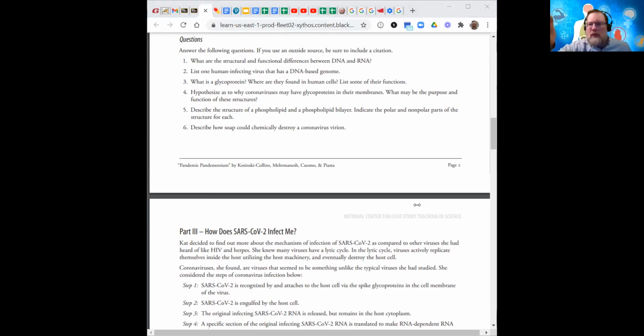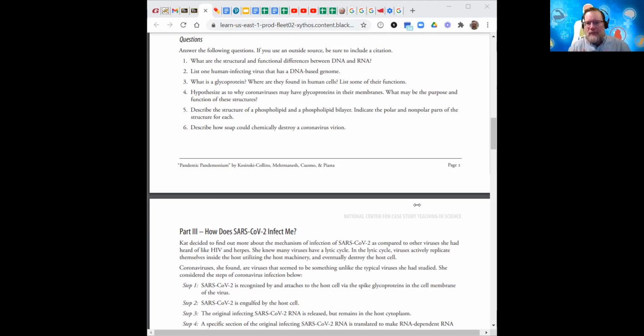Phospholipid. Oh, we looked at phospholipid and phospholipid bilayer. Again, a phospholipid is a phosphate, which is hydrophilic, with a hydrophobic lipid tail. The bilayer has those two lipid tails coming toward the center of the cell membrane, so the outer and inner portions of the membrane are the phosphate heads, and toward the bilayer center is where we find the hydrophobic lipid tails.